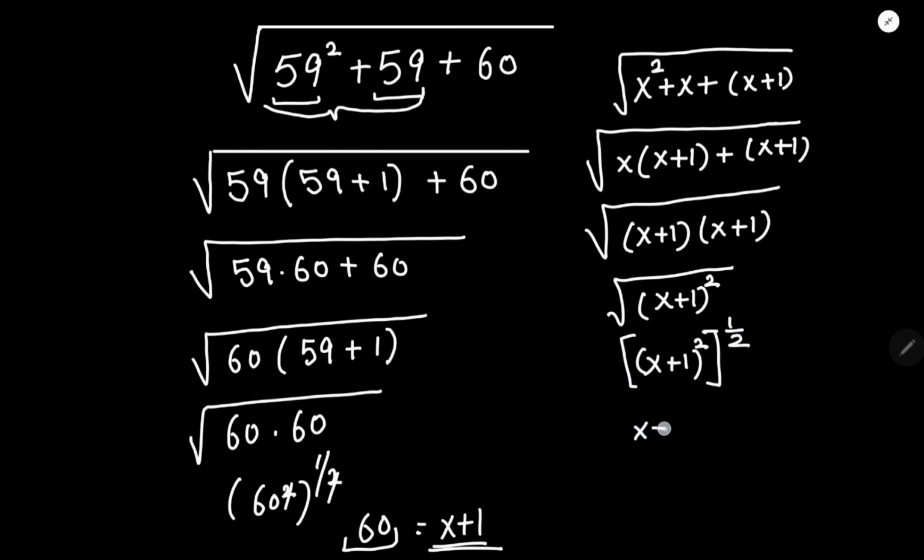Then the powers get multiplied, 2 times 1 by 2, which is equal to x plus 1. So whenever you get this type of question where you have x square plus x plus 1, you will always get x plus 1.